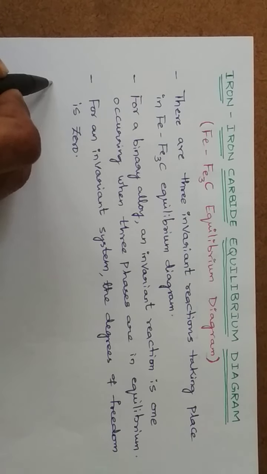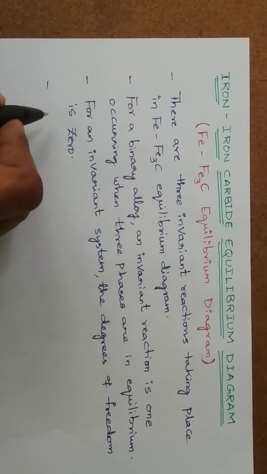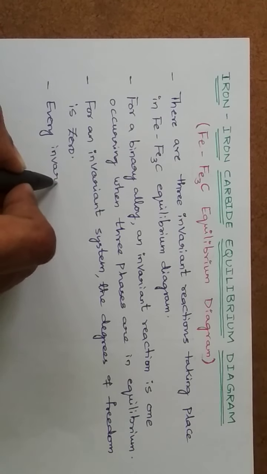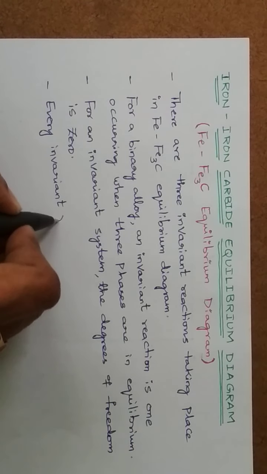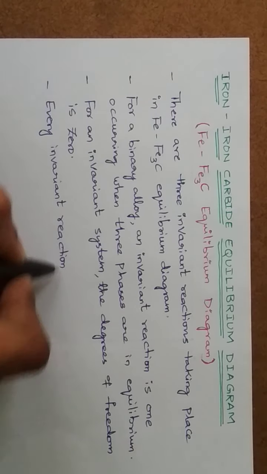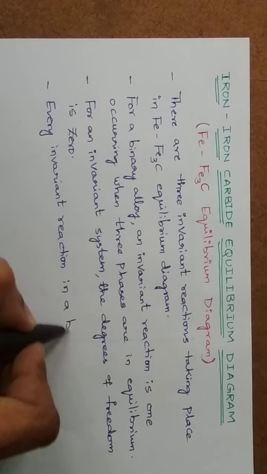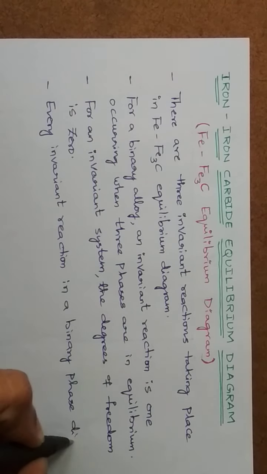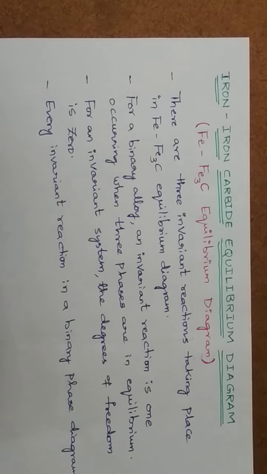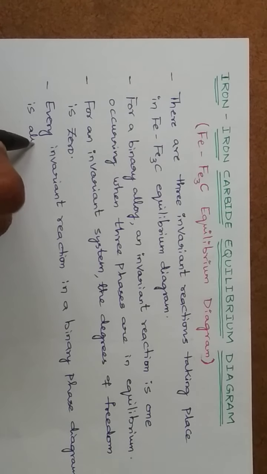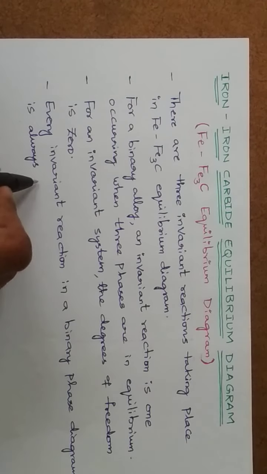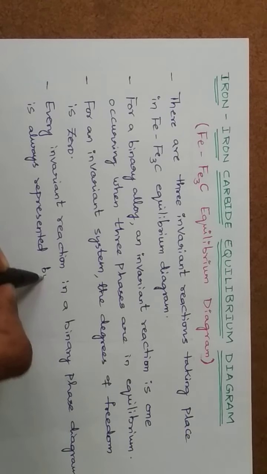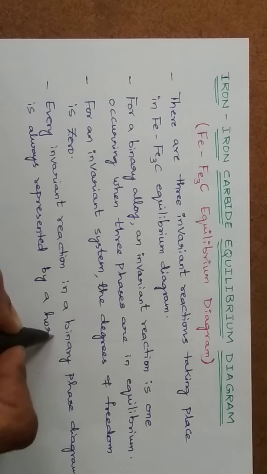So next one, every invariant reaction in a binary phase diagram is always represented by a horizontal line.